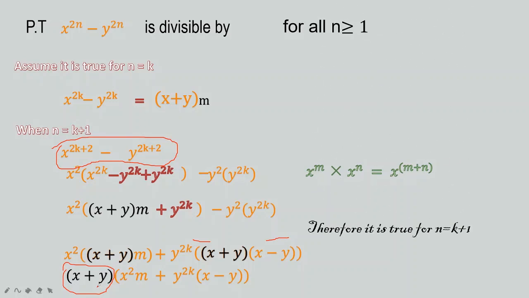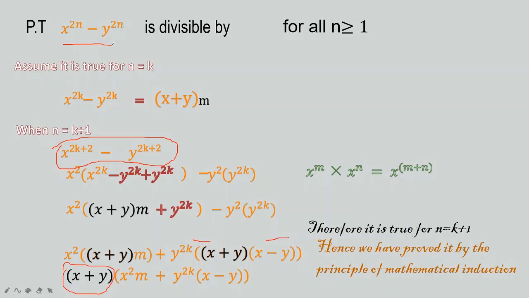Therefore, because it is true for n is equal to k plus 1, we have proved this statement that x to the power 2n minus y to the power 2n is divisible by x plus y by the principle of mathematical induction. So these are just examples to show you how we do the questions. Thank you for watching. Bye bye.